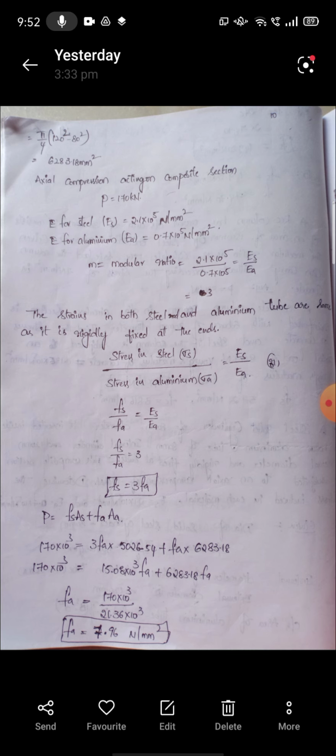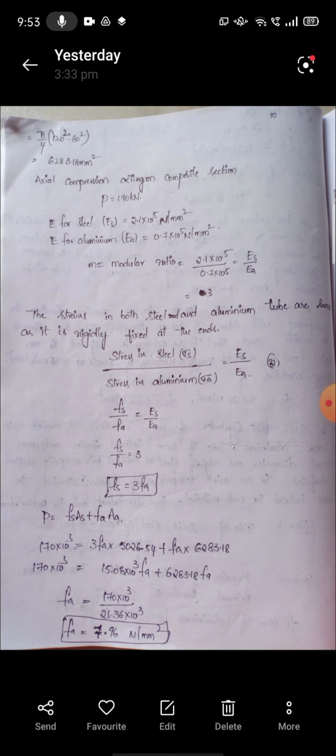So Fs value is 3 into Fa, into As, 5026.54, plus Fa into 6283.18. So 170 into 10 power 3 equals 15.08 into 10 power 3 into Fa plus 6283.18 into Fa.